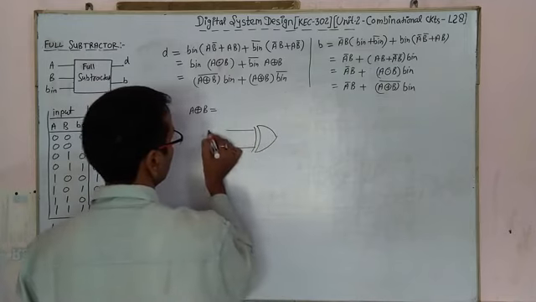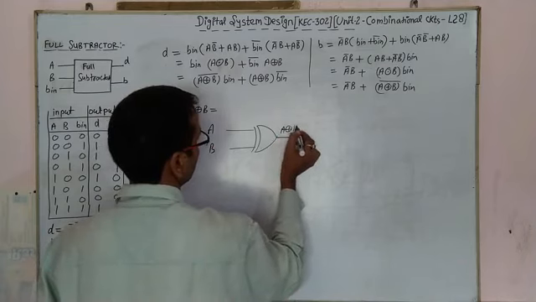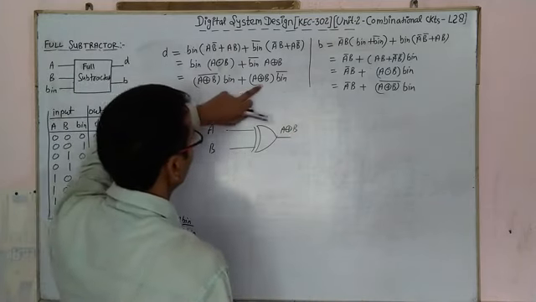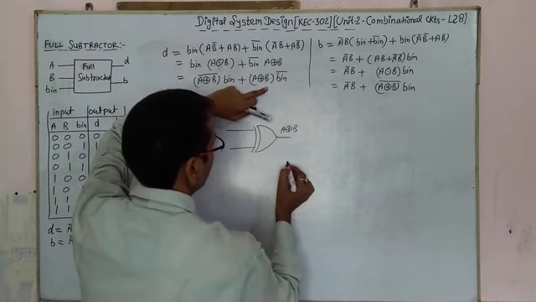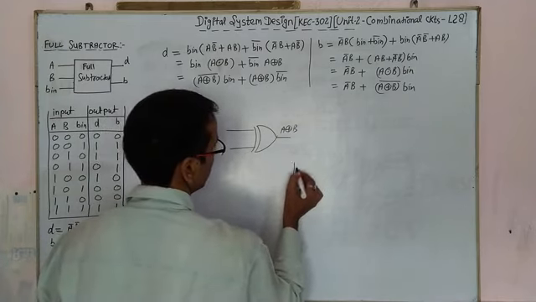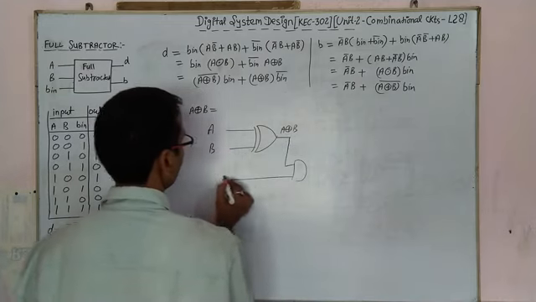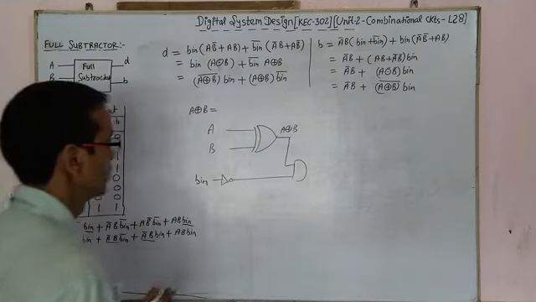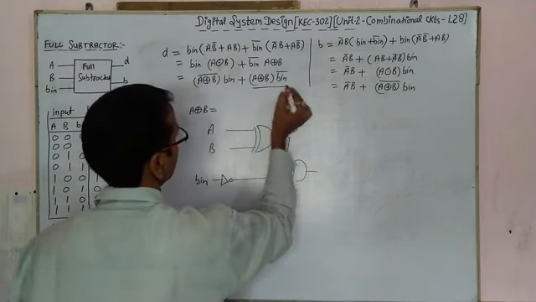This is A, this is B, and here you get A XOR B. For the second B input, we take an AND gate: one input is this and the other input is B in bar. So this is this term.